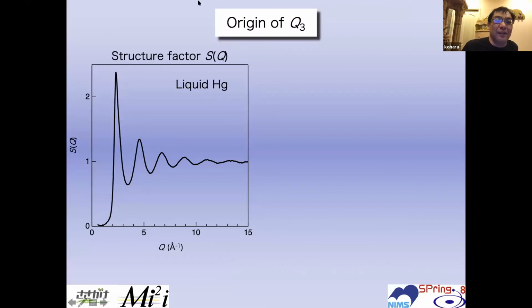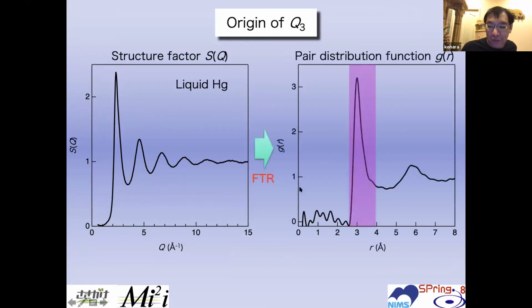Okay, this is the target data, the structure factor of liquid mercury. Liquid mercury is some sort of random dense packing, so the coordination number is almost 12, the same as metallic glass and antimony tellurium alloy. We have experimental data and its Fourier transform.